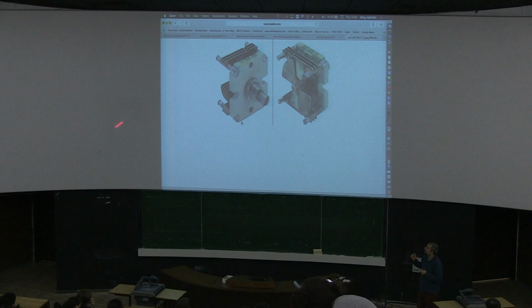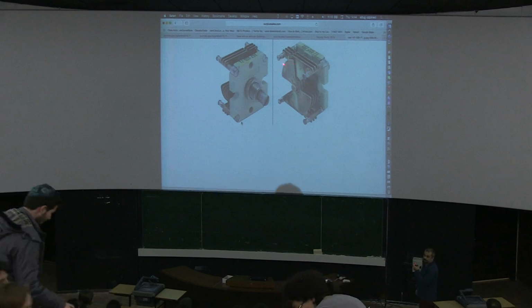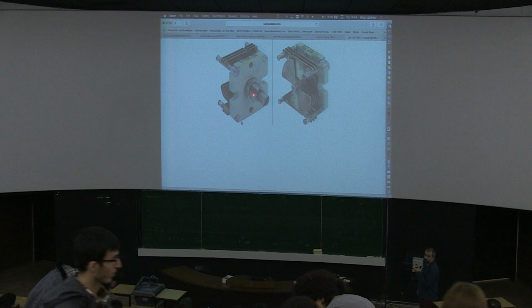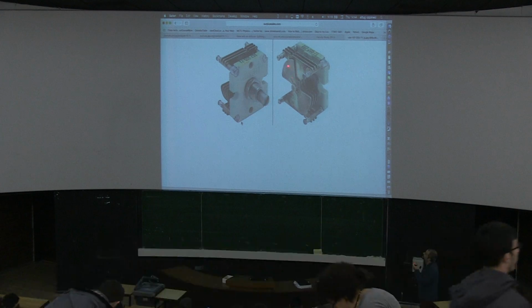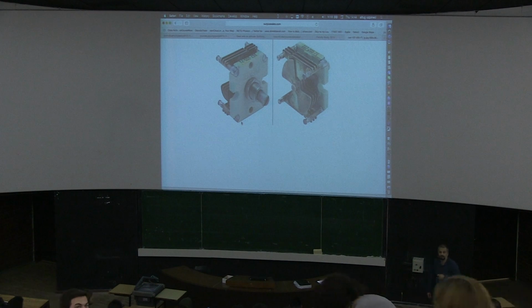So how this works is, if you see over here, you have these plates. These are movable plates. These are fixed plates. By rotating this one, you are basically changing the area where the fixed plates and the movable plates are overlapping.